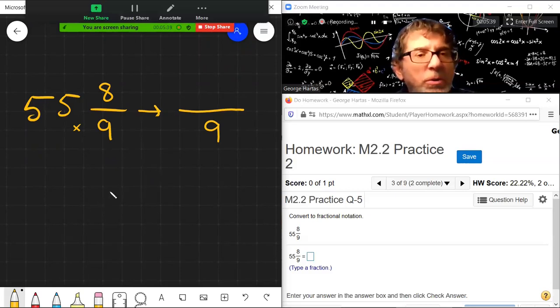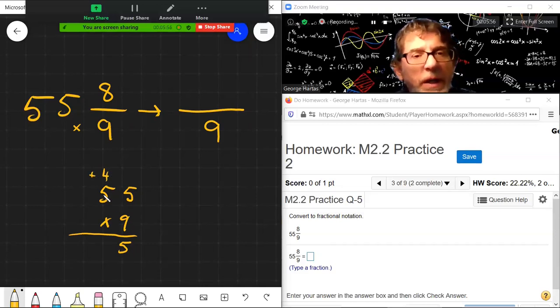So we have to use our techniques that we already know for multiplication. All right? 9 times 5 is 45. 9 times 5 is 45, and 4 is 49. Okay, so the result of this multiplication is 495.